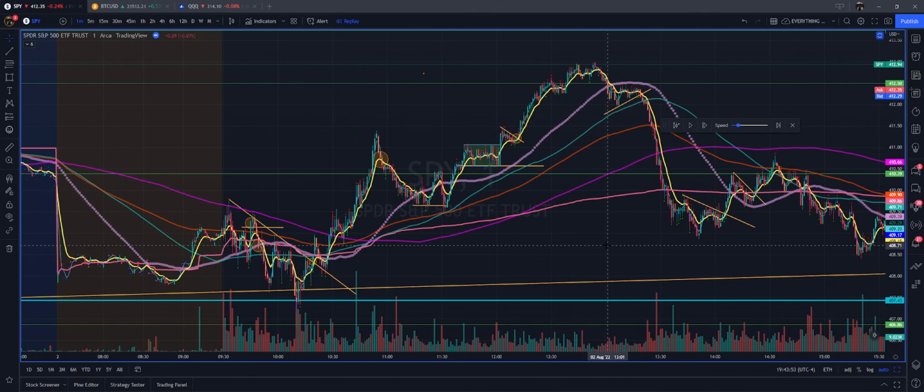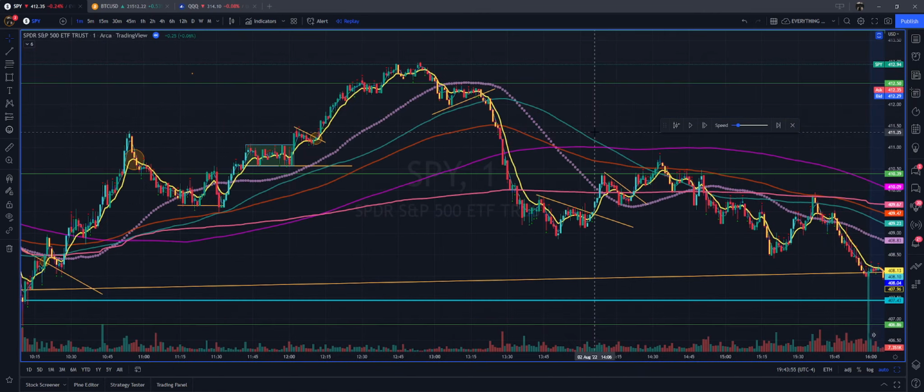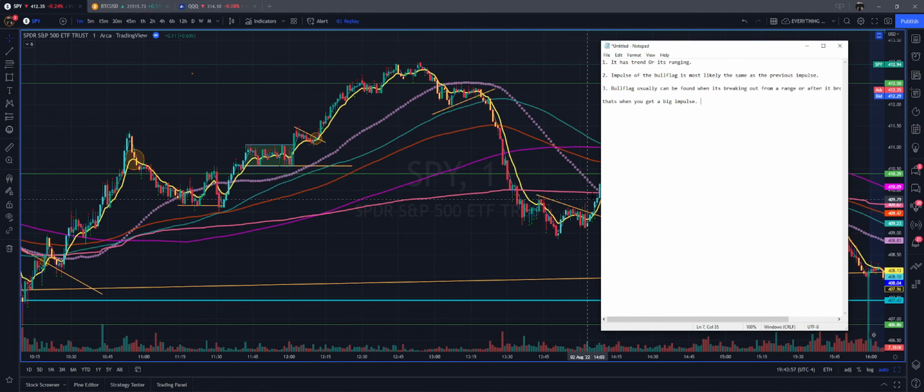And then for a good example of a bear flag, this is a bull flag by the way, so I'm just gonna put the bear flag. A good setup of a bear flag, normally it's below the 50 moving average, right?